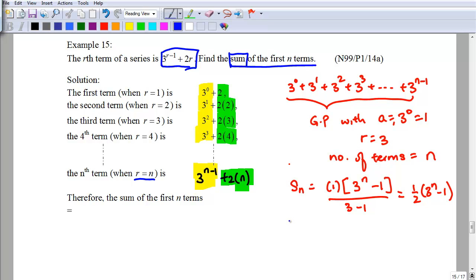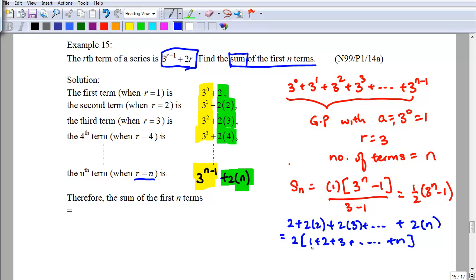If we look at all the terms highlighted in green, we will have this. When we try to add these terms together, remember we usually factor out the common term first, so we factor out 2. That leaves us with this inside the bracket. And when we observe this, what do you see inside the bracket?